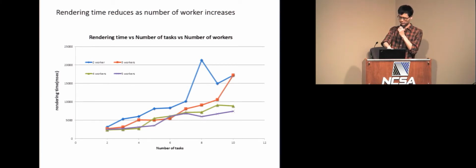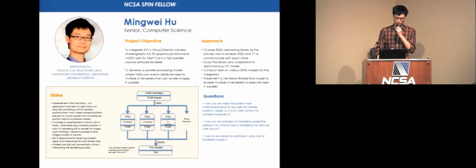But the general trend is that when the number of workers increases, the time spent on rendering decreases. This means the model indeed increases the efficiency of the rendering process. I think that's it.